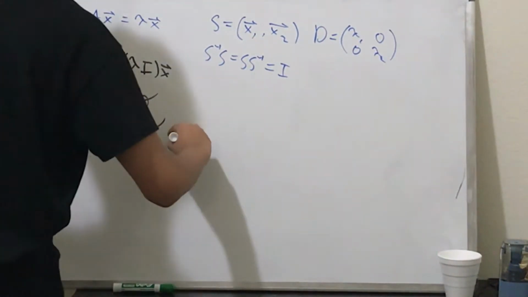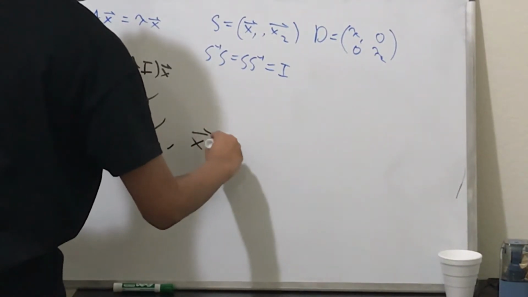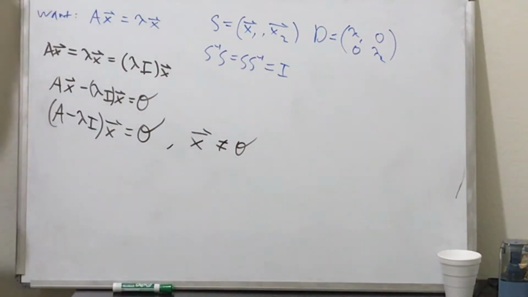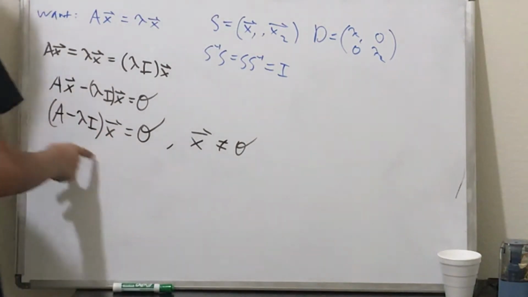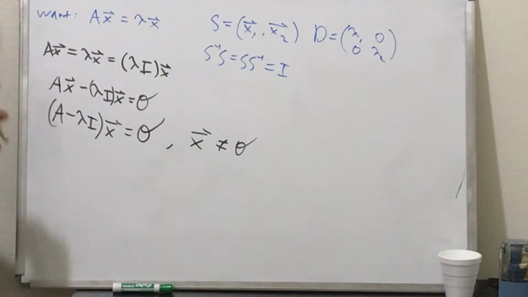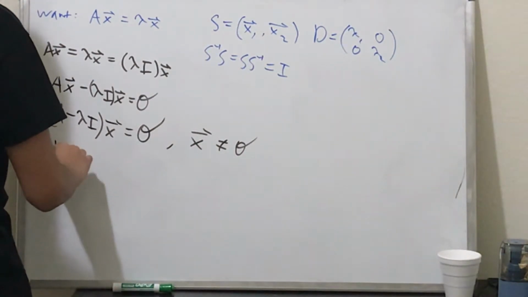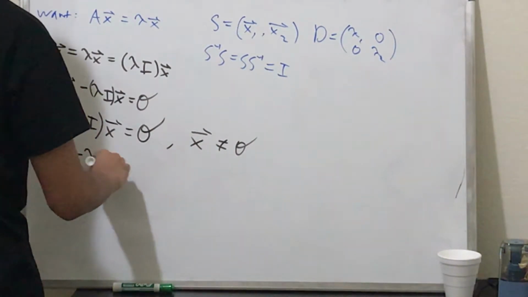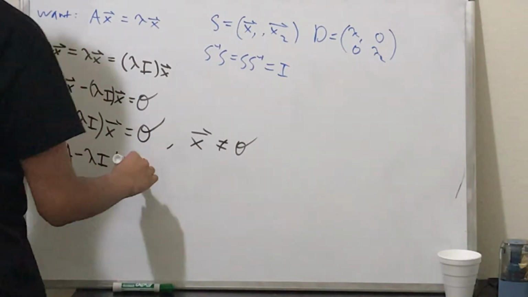So we're just going to say that x can't be the 0 vector. That means you take a non-zero vector to the 0 vector, so the determinant of this linear transformation, of this matrix, is in fact 0.